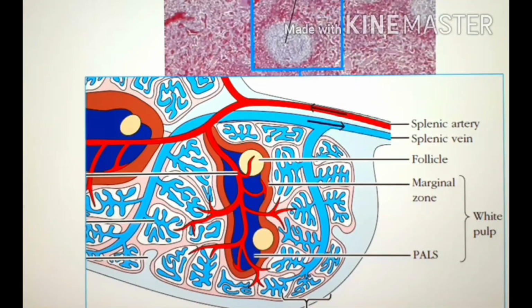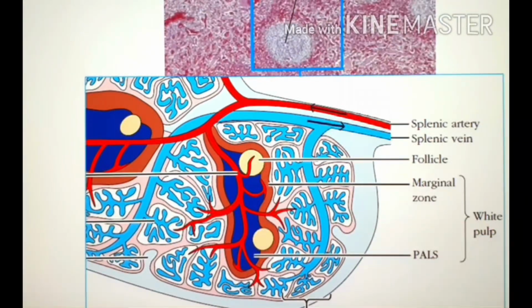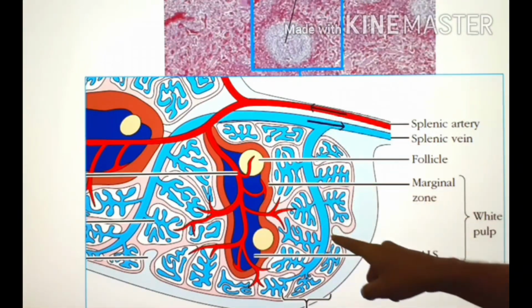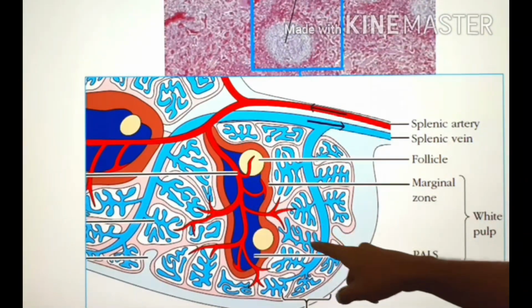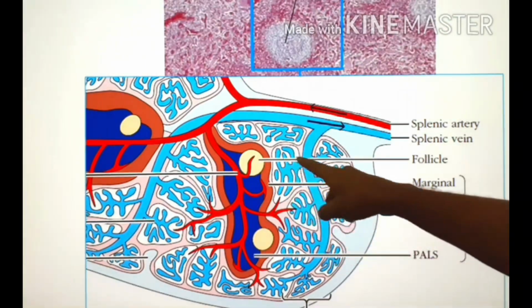There are three types of B cells: follicular B cells that develop in the follicle, marginal zone B cells that are present in the marginal zone of the spleen, and another B cell called the B1 B cell. Then they go to the PALS. T cells go to the PALS, periarterial lymphoid sheath, and B cells go to the follicle.